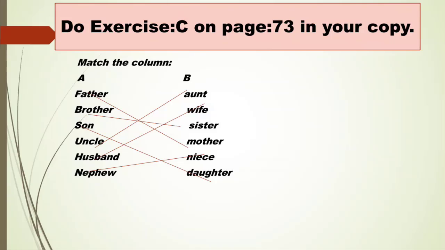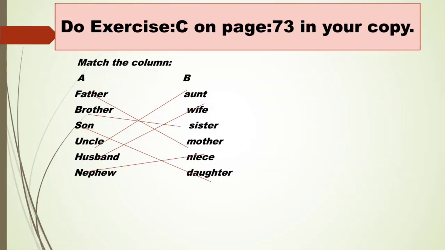You have to do this exercise C in your English A copy. Firstly, you have to do the question answers, question number 1 and question number 2. Then you have to do the exercise C on page number 73 in your copy.